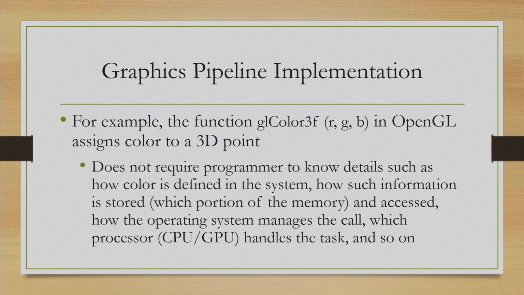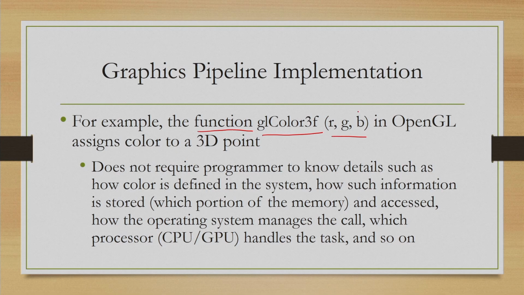For example, suppose we want to assign colors to an object we have modeled. Do we need to actually implement the optical laws to perform the coloring? Note that this optical law implementation also involves knowledge of the processors available, the memory available and so on. So, what we can do is, instead of having that knowledge, we can simply go for using a function glColor3f with an argument RGB.